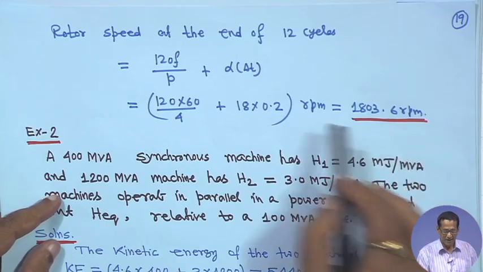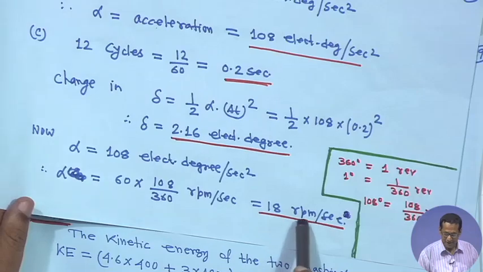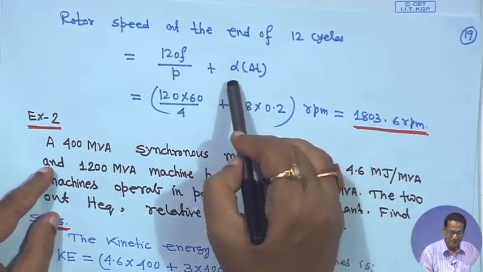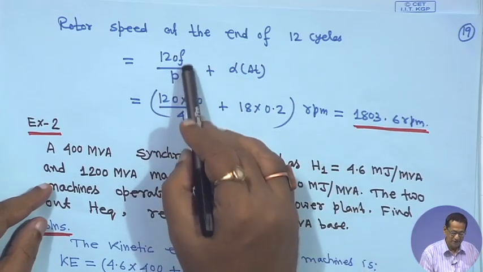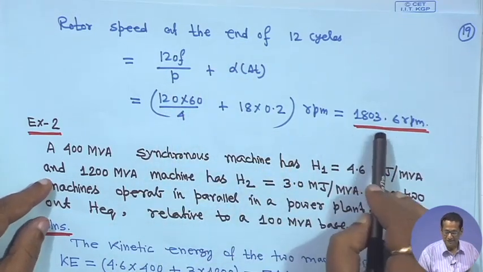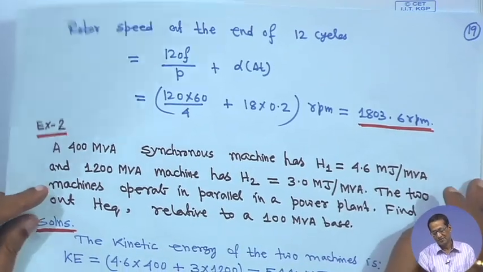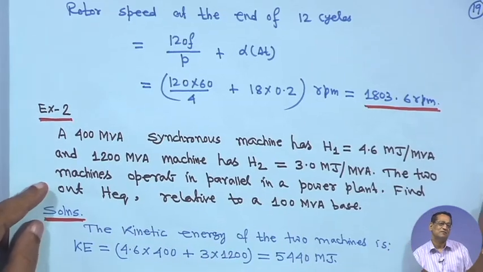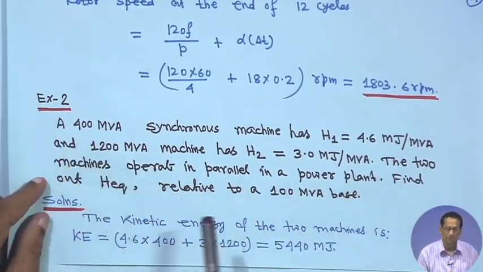That is why we make this unit, because it is alpha delta t, 18 RPM per second, so the second will cancel and the unit will be RPM. This is 120 f by p RPM, and this is 1803.6 RPM. This is the answer. So, be a little careful when transforming the units, and then things will be all right. Next is example 2.